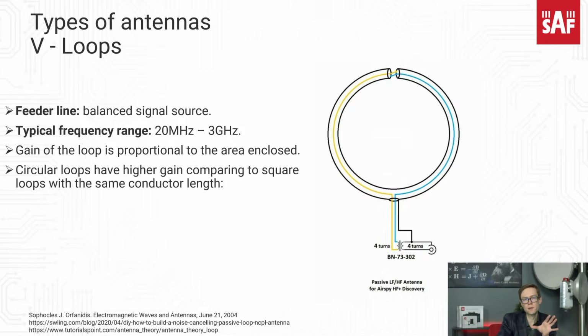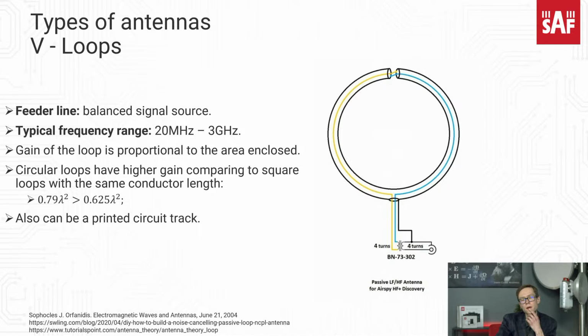There are two main types. One type is circular, the other is a rectangular or square antenna. And with the same conductor length, we have more area enclosed by the circle than by the square. So consequently, we can have more gain using the circular antenna than the square antenna with the same length of the conductor.